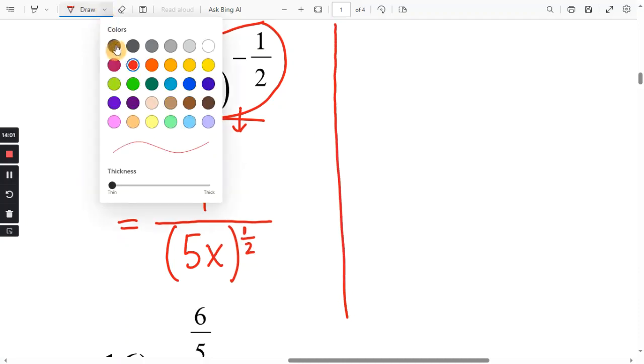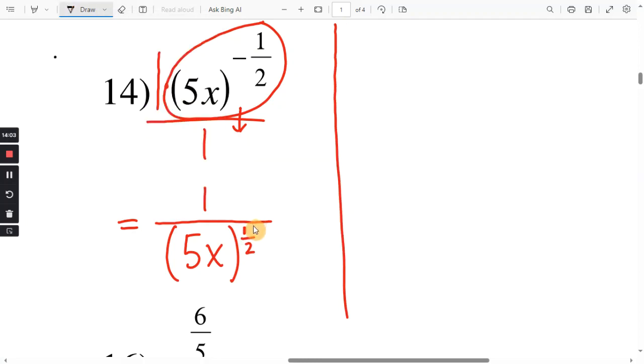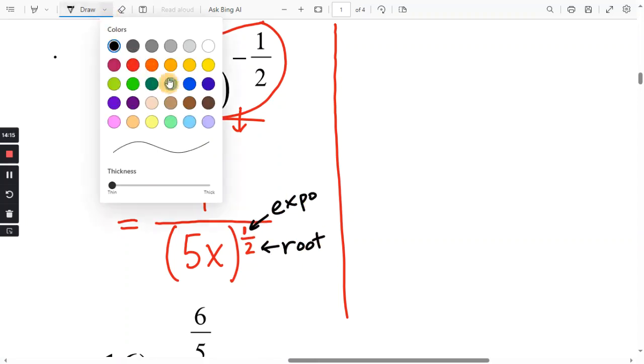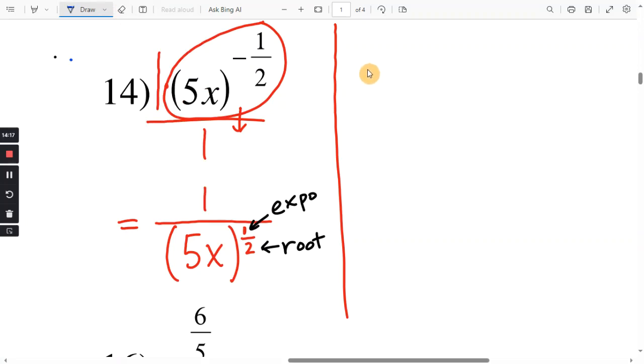All right. And we said the numerator is the exponent. And we said the denominator is the root. All right, so let's see. We have the 1 in the numerator. The 5x is in parentheses, so now that is going underneath the radical symbol, 5x.